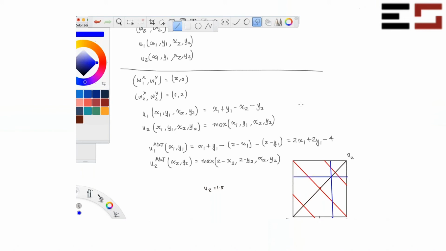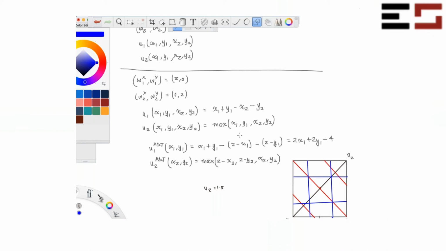Basically you will get something like this, and you can easily show by geometry that this length will be exactly 1.5. Is that fine? Similarly, this is y2 equal to 1.5, and this is x2 equal to 1.5. Is that fine?